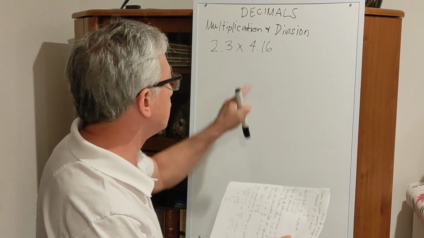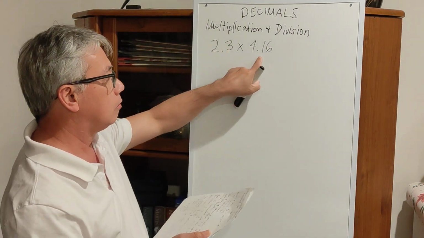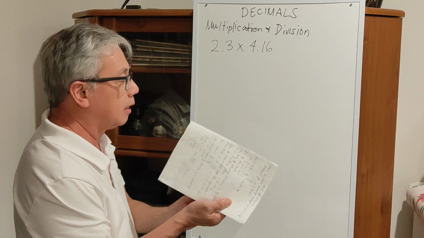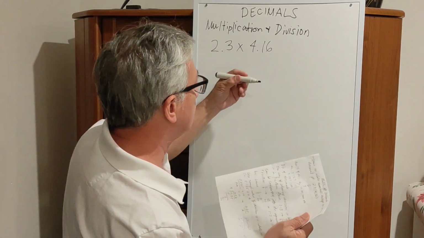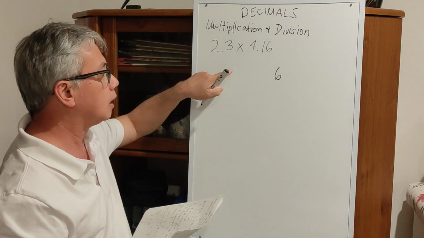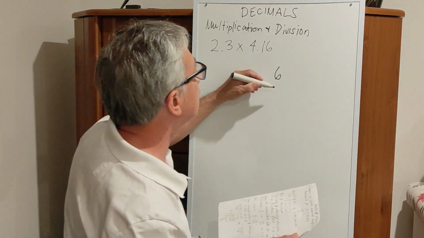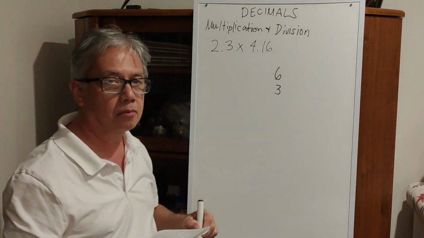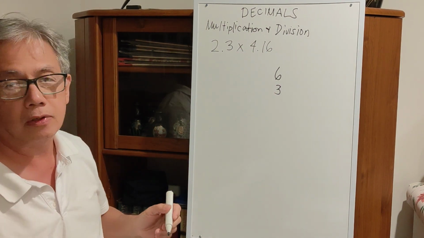So let's put this 4.16. It has three numbers. This only has two. So we put this one first. We first put the last digit, 6, and then we put the last digit of the other number, 3, aligned, to start with the multiplication.